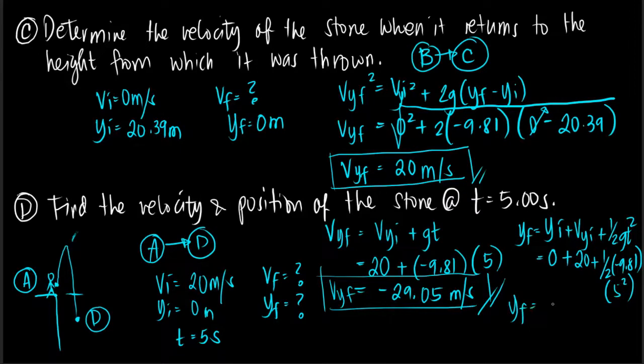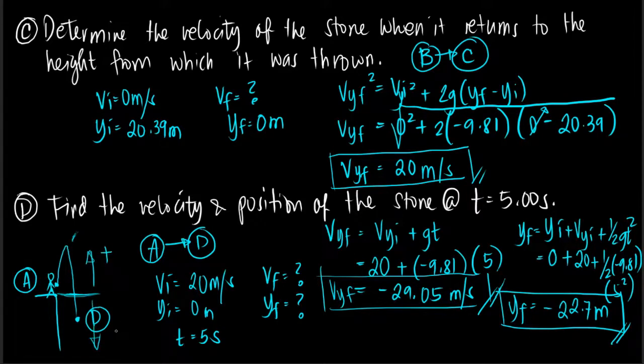Finally, you should get Y of f is equal to negative 22.7 meters. So, it's pretty obvious because if the origin is the top, all the values above are positive y, and all of the values down here are negative y. So, the stone is below the top, the roof of the building, at negative 22.7 meters.